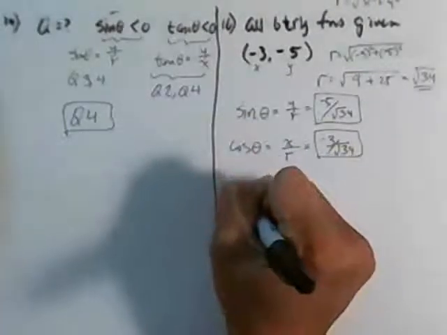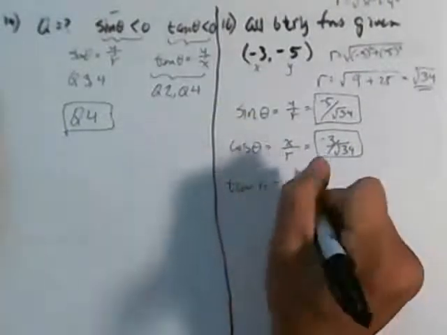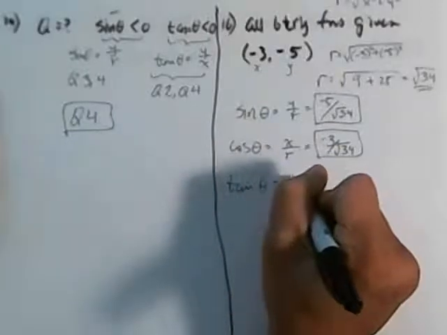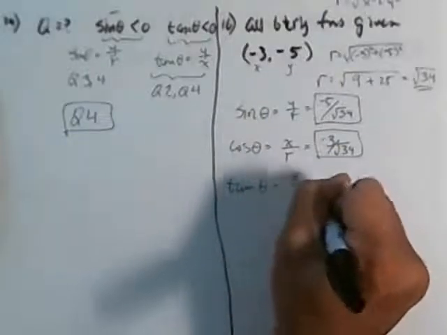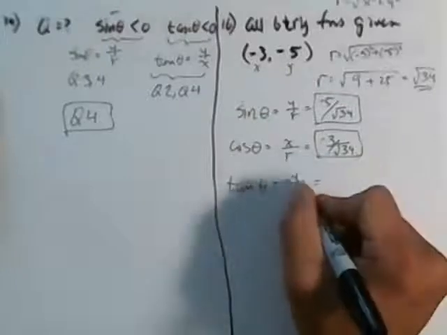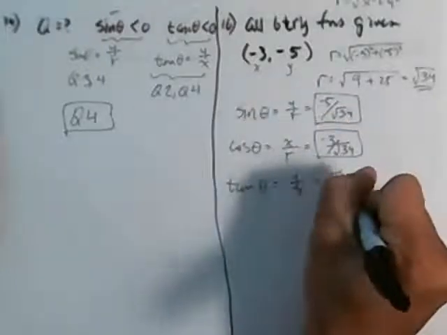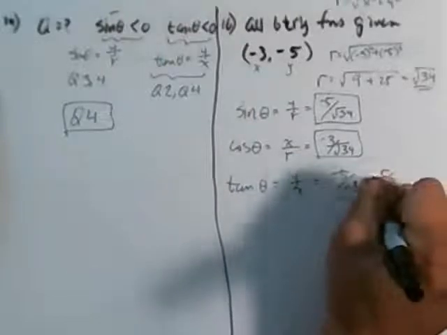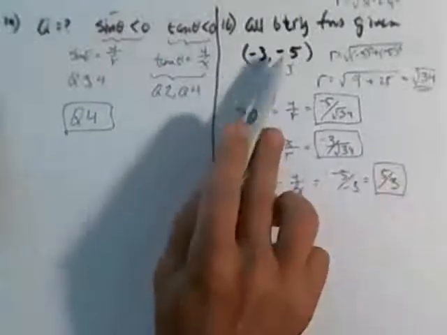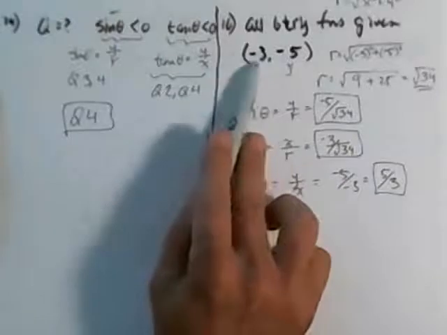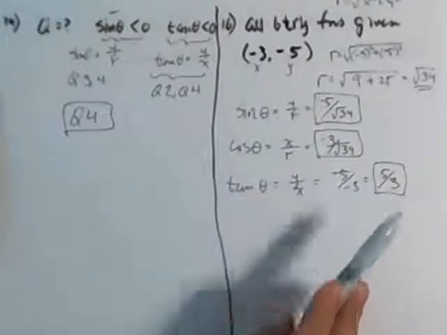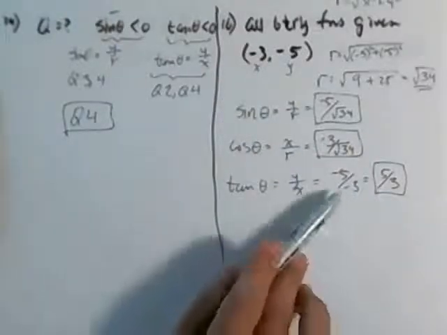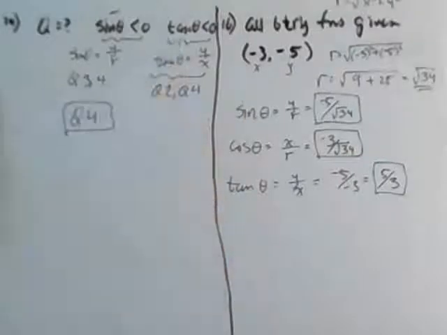The tangent of the angle is equal to opposite over adjacent, y over x. Negative 5 over negative 3 is 5/3. Don't forget, this is in quadrant 3, guys, so the tangent does have to come out positive. Okay, that should be helpful for this one right here too.